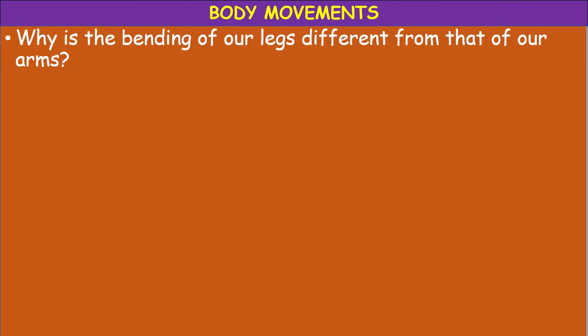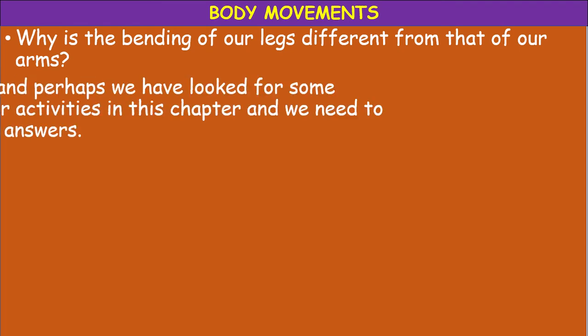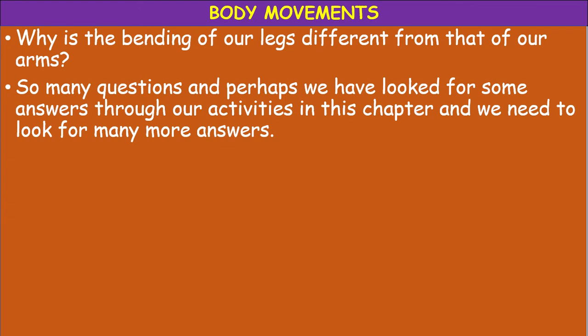Why is the bending of our legs different from that of our arms? There are so many questions, and perhaps we have looked for some answers through our activities in this chapter, some 7 to 8 activities, and we need to look for many more answers.